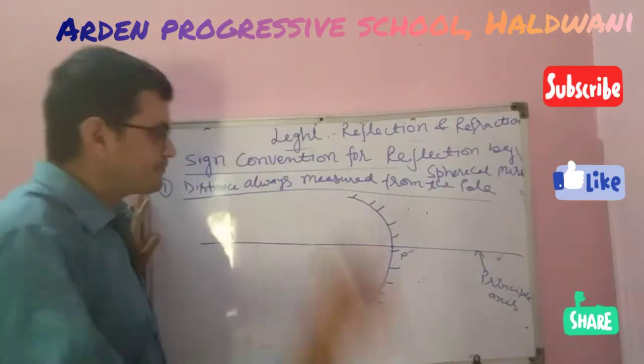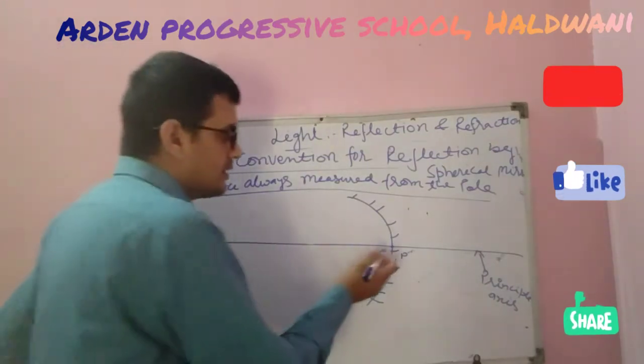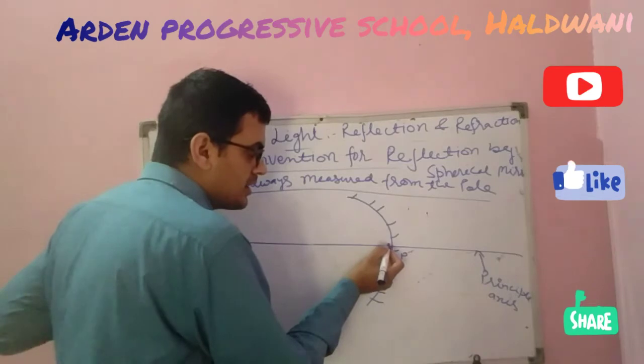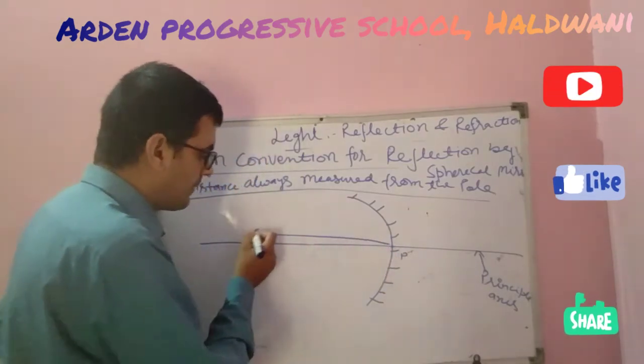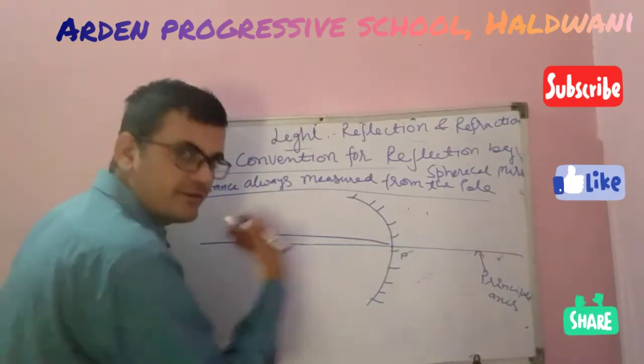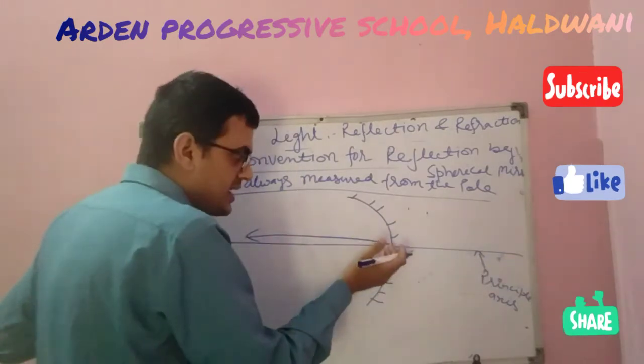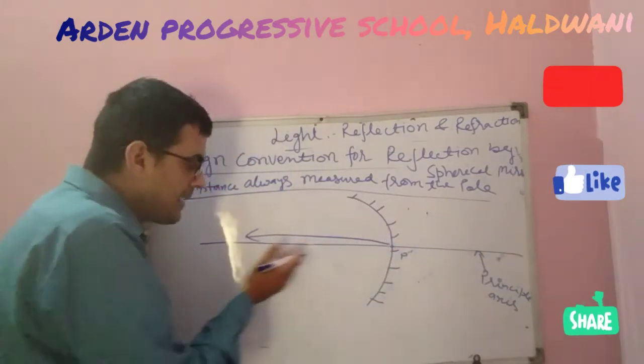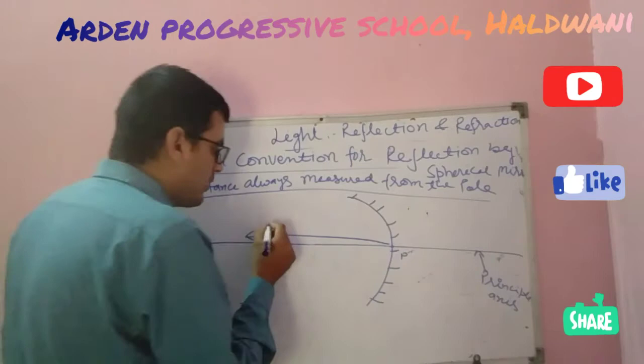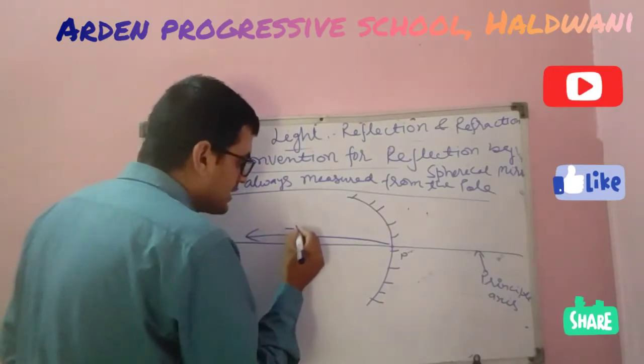Getting? Okay. Now, distance measured left to the pole, means this direction. This is the left, this one is the right. Distance measured left to the pole is always taken as negative.